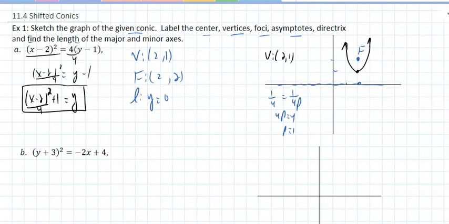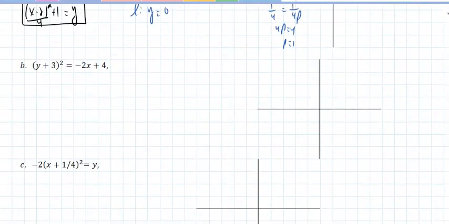Done. Looking at the second example, same deal. I want to solve for y, for x in this case. So I would subtract 4 from both sides, divide by negative 2.